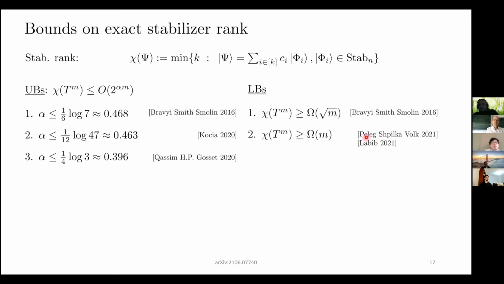This paper here showed a linear lower bound for qubits, and just recently, this paper here showed a linear lower bound for qubits. Okay, so we see that there's a very big gap between the upper bounds, which are exponential, and the lower bounds, which are linear. And there's a clear problem there.